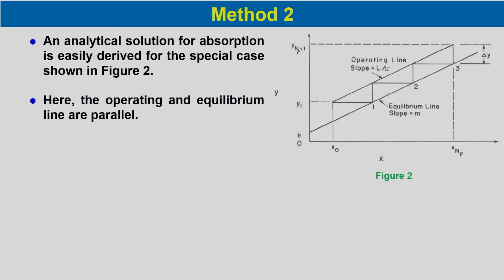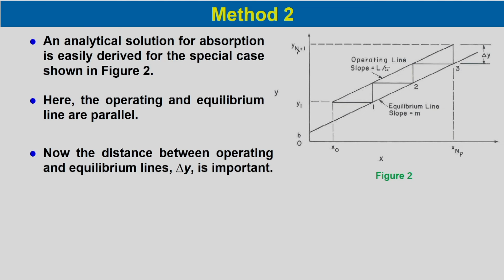Here the operating and the equilibrium lines are parallel. Now, the distance between the operating and the equilibrium lines, that is delta y, is also important. The driving force for the mass transfer is delta y, and that is constant over here, since they are parallel lines.